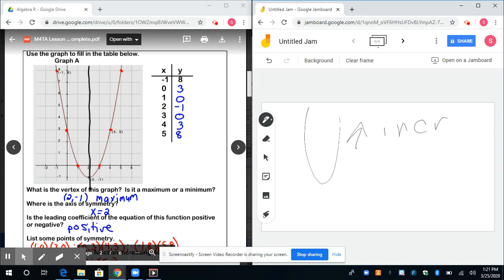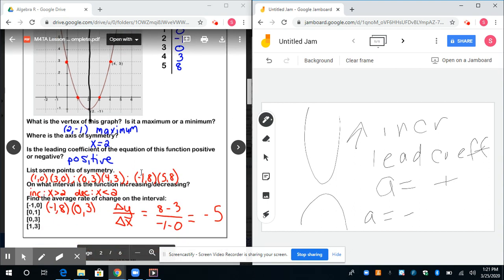That means the leading coefficient, or the a value, of our quadratic is positive, bigger than 0. If it looks like this, then the leading coefficient is going to be negative. So whichever way it's opening: if it's opening up, it's positive. If it's opening down, it looks like an N, it's negative.